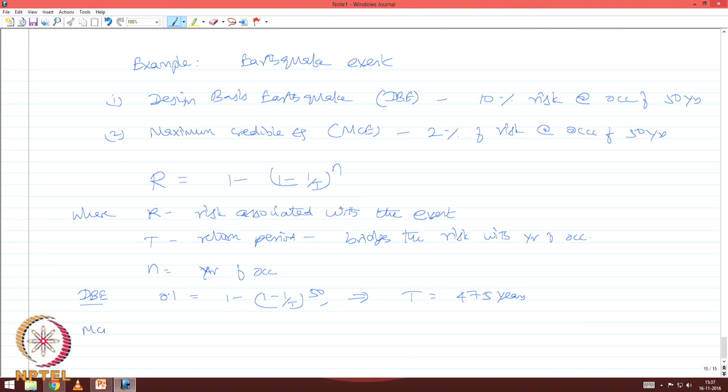If I do it for MCE, 0.02, 1 minus 1 over T of 50, which implies that the return period is as high as 2500 years. So, friends, we have also learnt how to estimate return period in terms of risk associated with any specific event, as in the cited example.